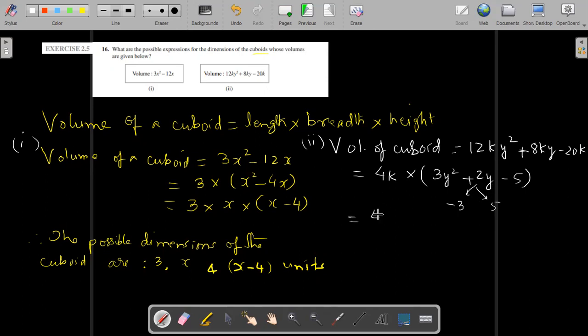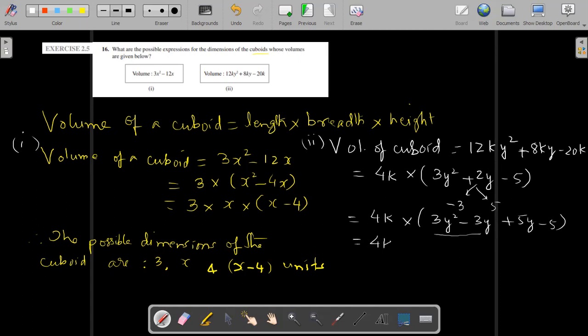So you can write 3y square minus 3y plus 5y minus 5.